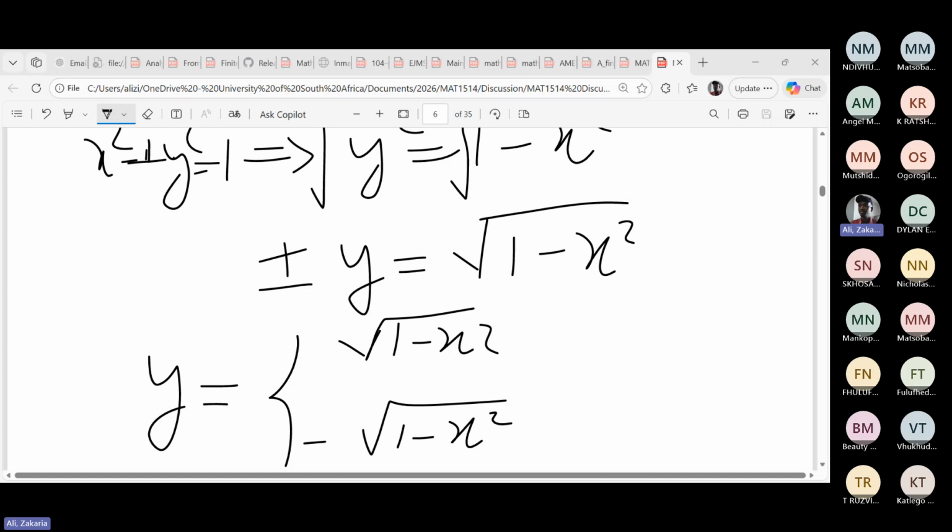All right, now that we have seen what makes it a function or not, we should know that when you have a function that is given to you, from which you identify that for one value of x you have two different values of y, that makes it not a function.